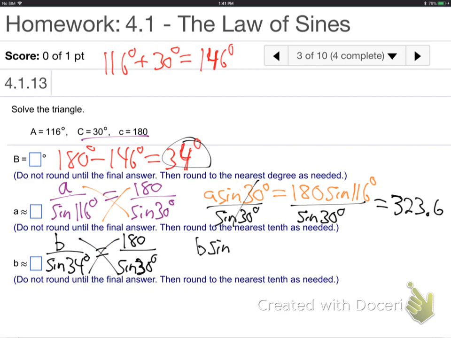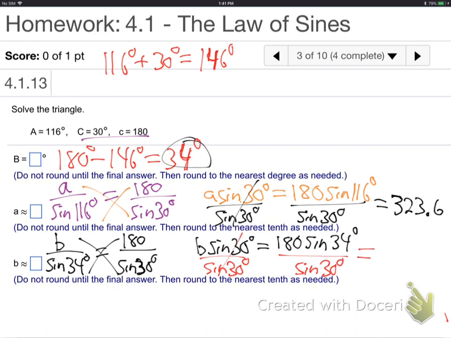So B sine 30 is 180 sine 34 degrees. Last step, divide by sine 30. Boom, so B equals whatever B equals. 201.3.